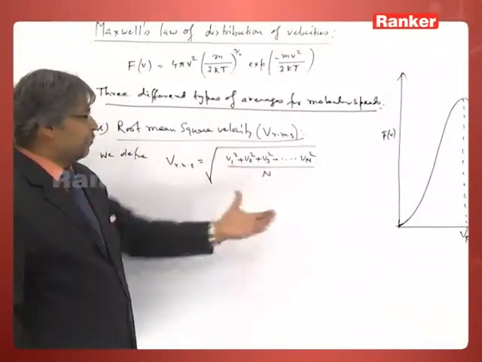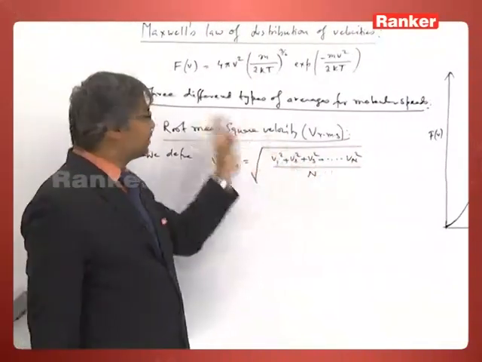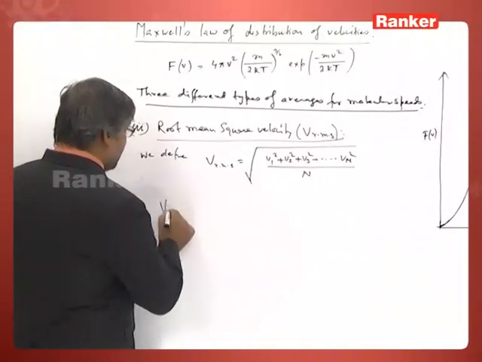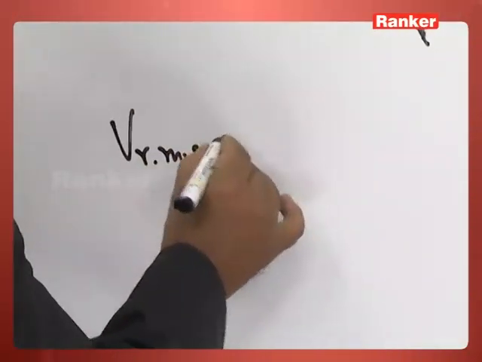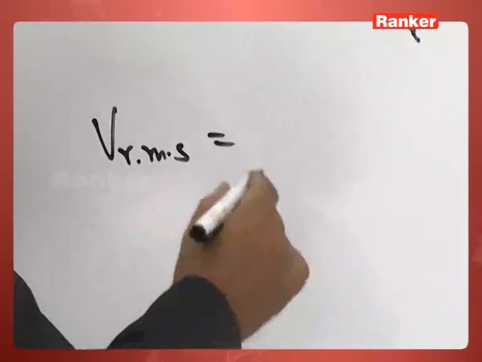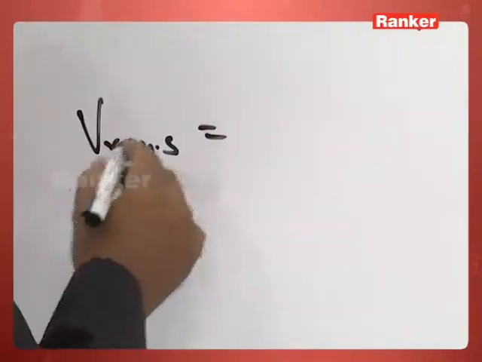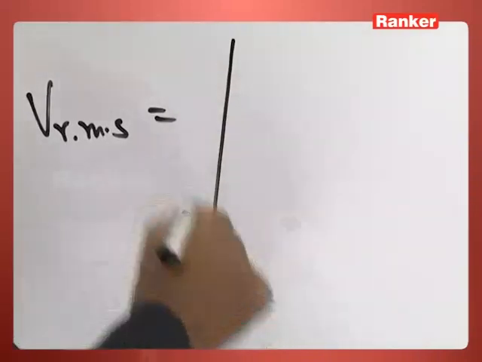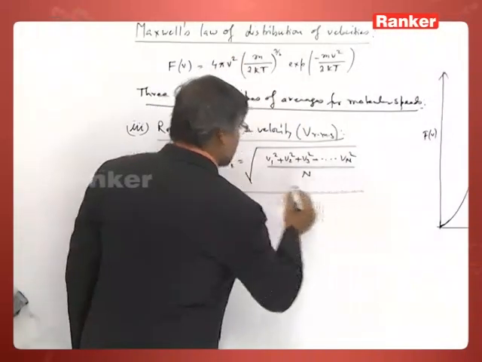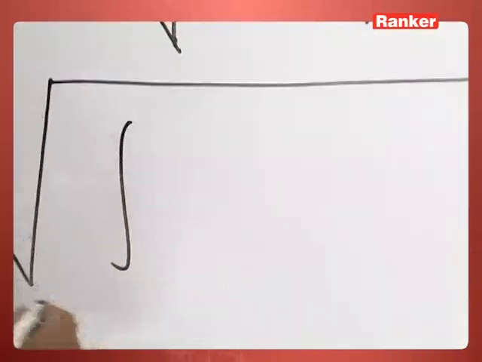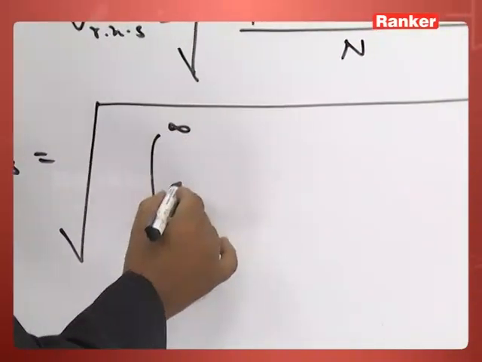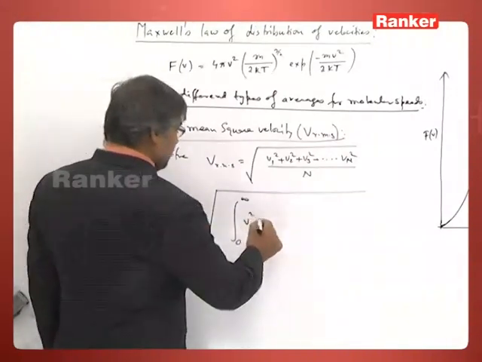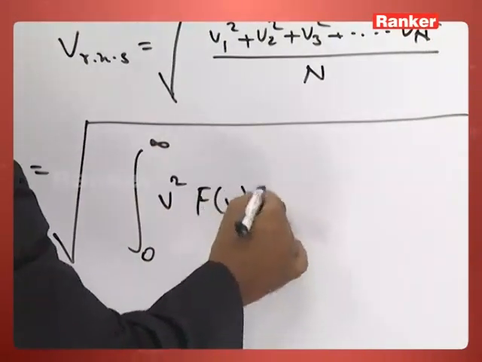This is for a discrete number of molecules, but for this probability function we define V_RMS as the root of the integration of V square into f(V) dV.